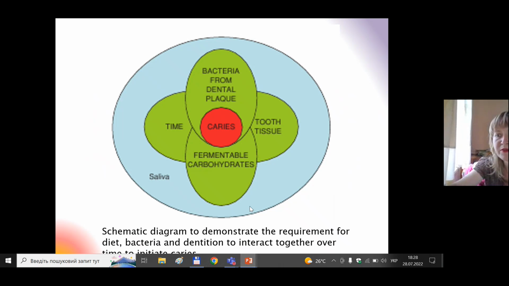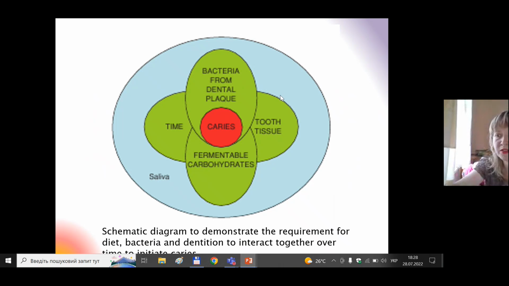This diagram gives you a simple idea of the etiology of tooth decay, and this is a modern concept. We have a diagram with a few components. The first one is microorganisms that persist in dental plaque. The most cariogenic of them is Streptococcus mutans.